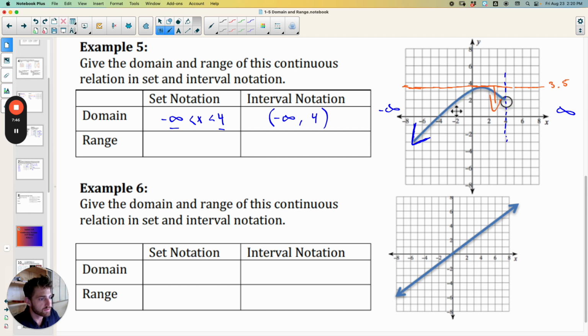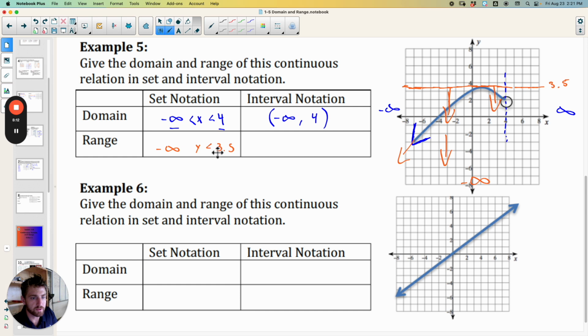Because this graph continues to point down, and this arrow means it keeps going. So this graph actually goes forever to negative infinity. So let's represent that here in the range under set notation. So we're going to say y is between negative infinity and 3.5.